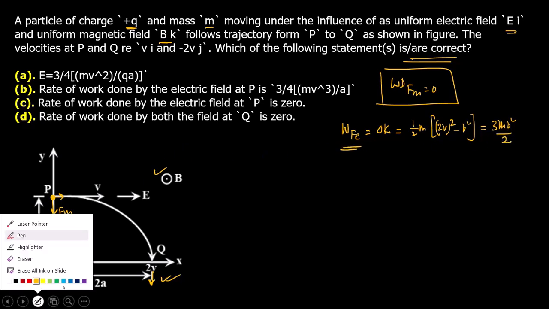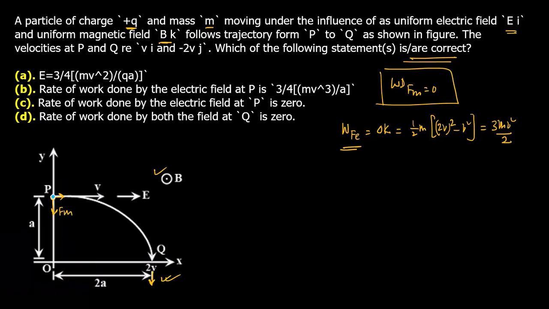Now, on the charged particle, the electric force is how much? The charge is q and the electric field is along the x direction, so the force is E into q. And what is the displacement? The displacement is 2a along the x direction, because the force is along the x direction.